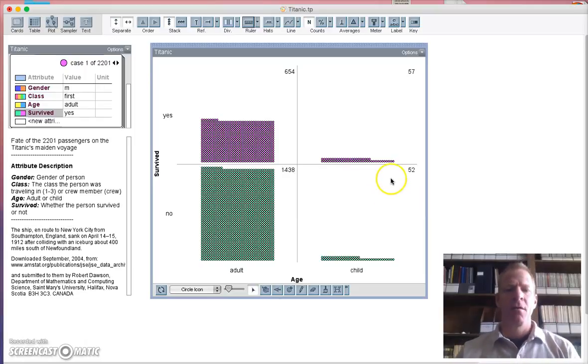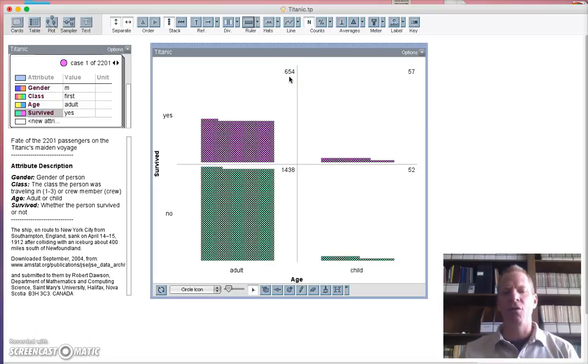Now, let's move on and ask a question like, are children or adults more likely to survive? Well, you might immediately say, look, 654 adults survived and 57 children survived. So obviously, way more adults survived than children. So adults must be more likely to survive.